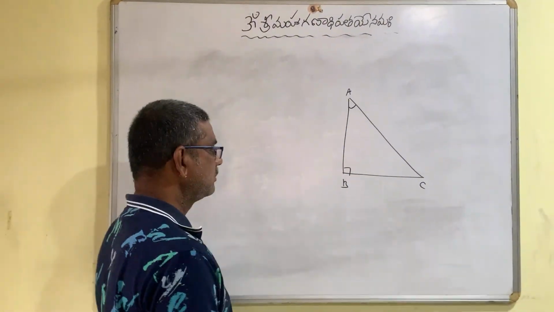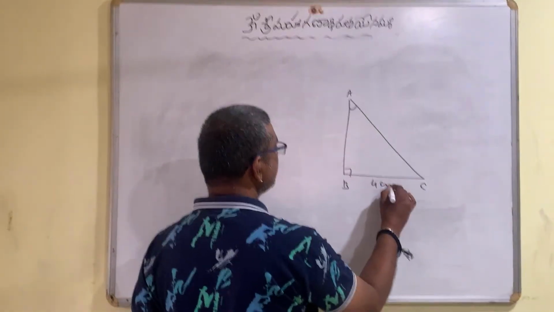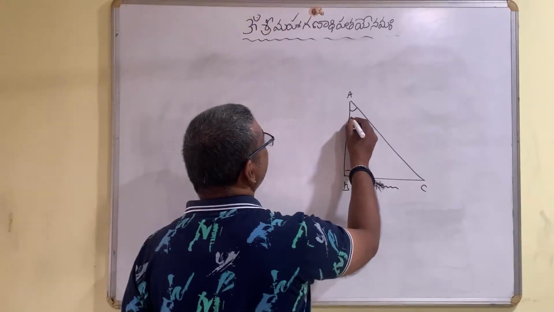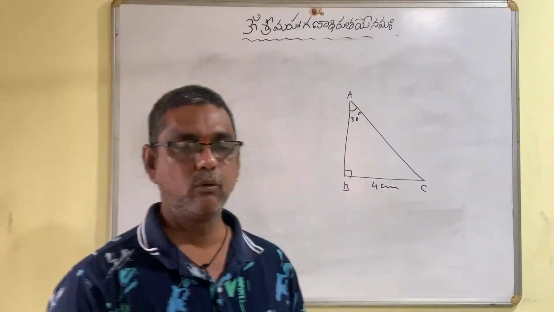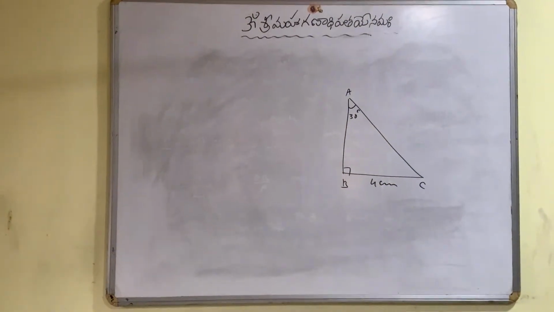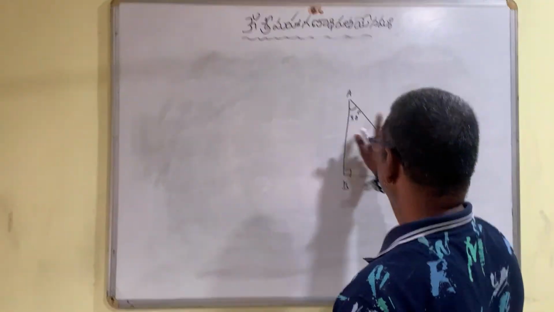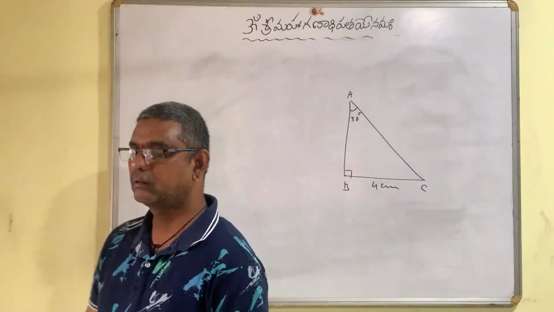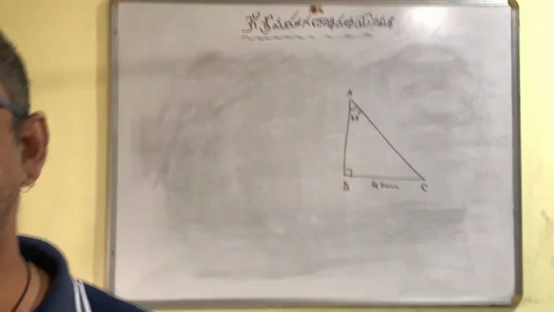So, one more important concept is, if I know one of the sides of the right triangle and one of the acute angles, I can find out the remaining 2 sides. So that is also possible using trigonometry.